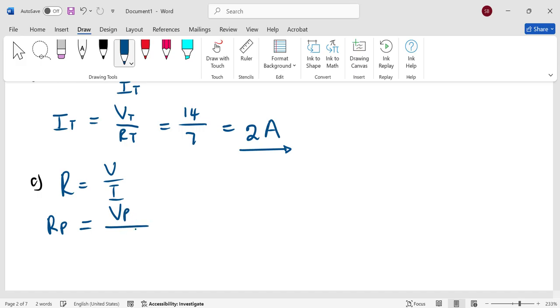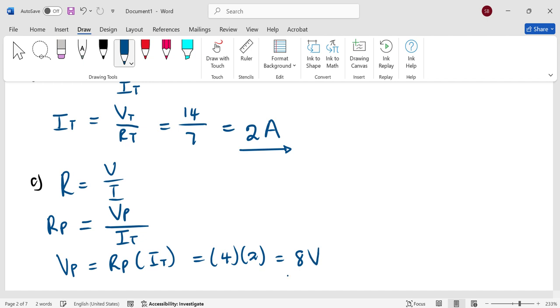So that's V parallel, and I'm going to use I total because it uses the total current. That means if I want VP, I know that VP is RP times IT, right? That would be the 4 ohms times the 2 amperes, and that would give me 8 volts, right? So that would give me 8 volts.